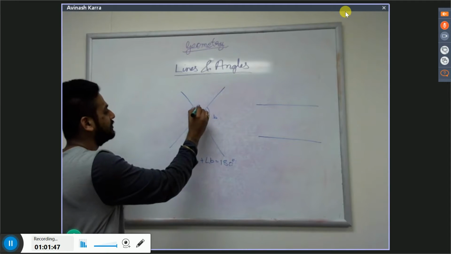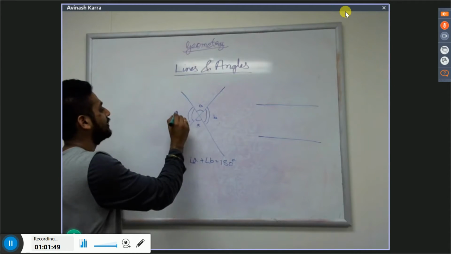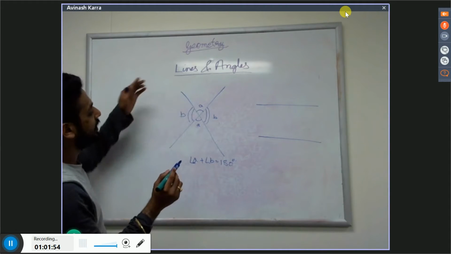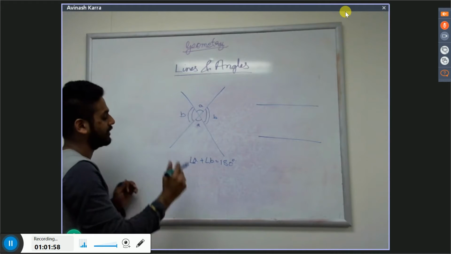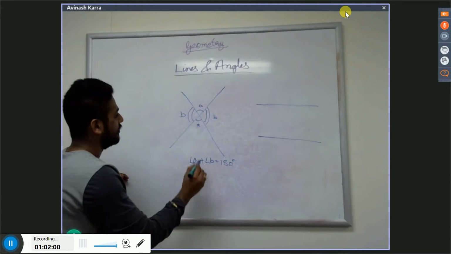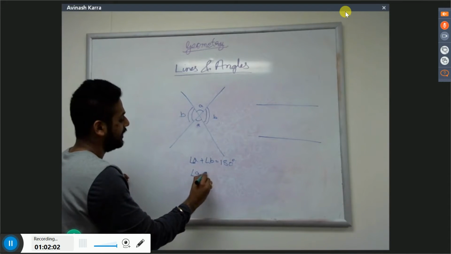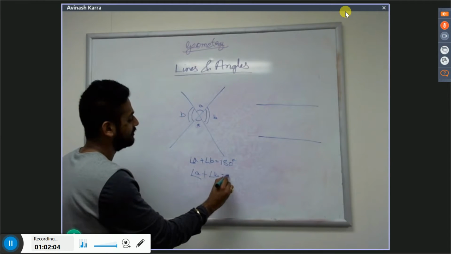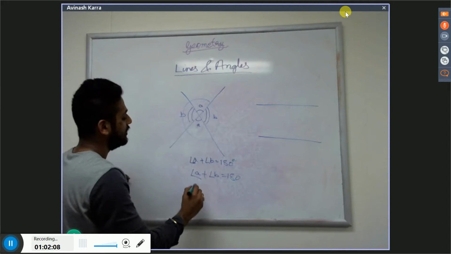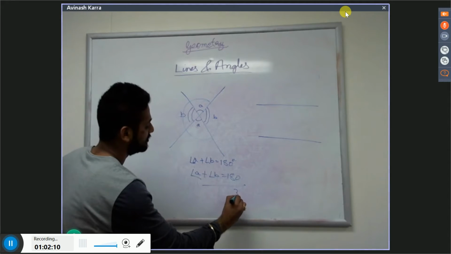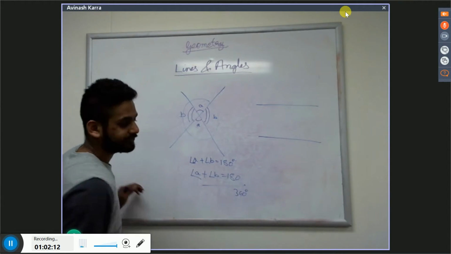If it is A, this one will also be A. And if it is B, this one will also be B. Angle A plus angle B is equal to 180, and the whole will be 360.